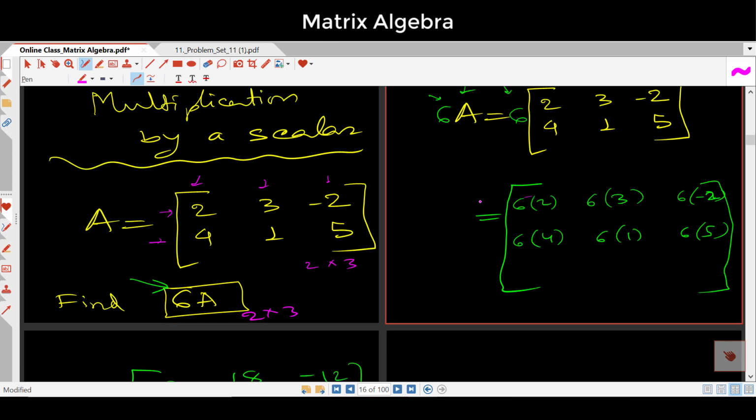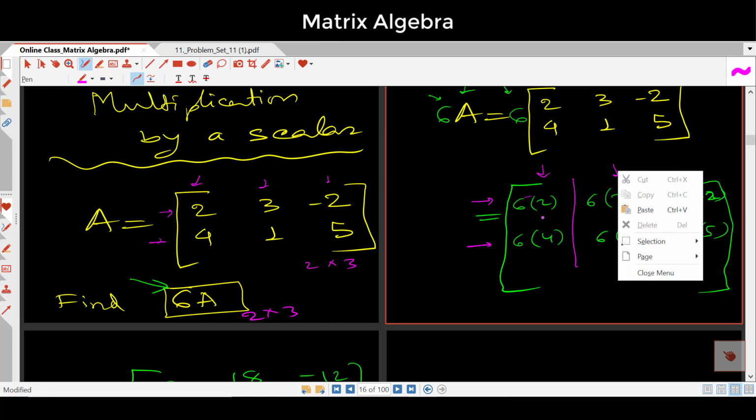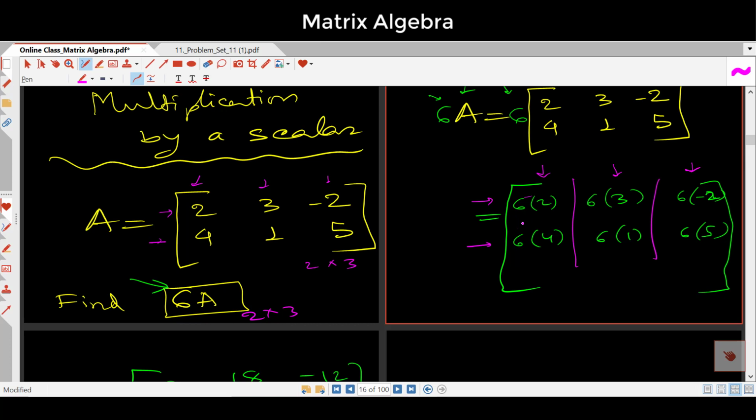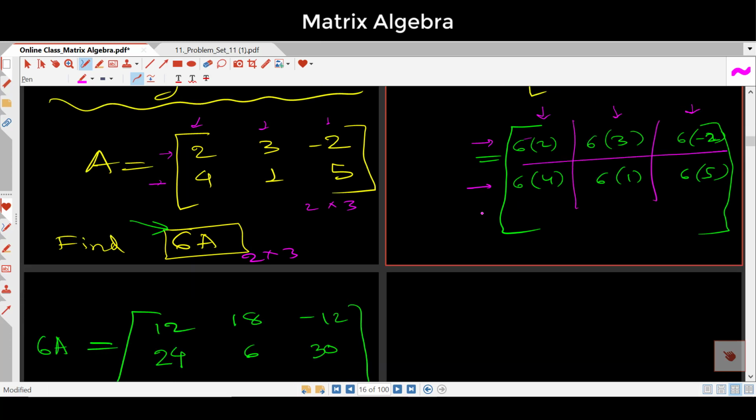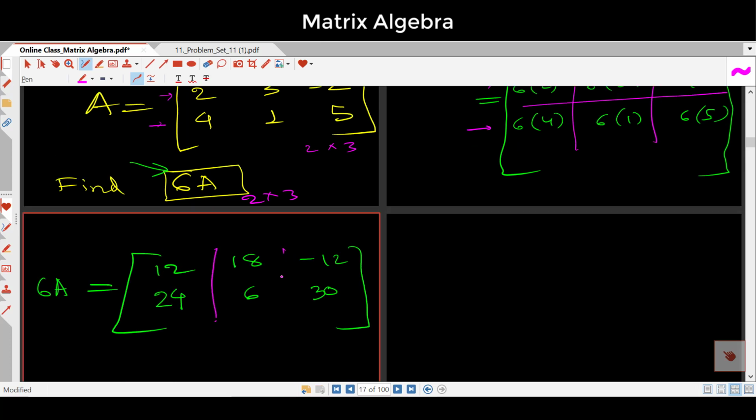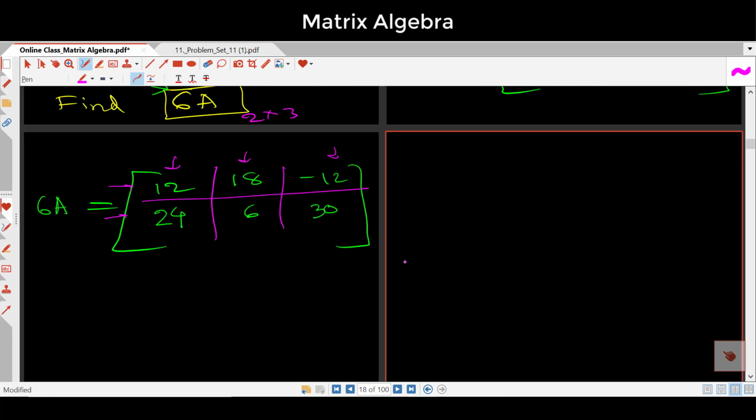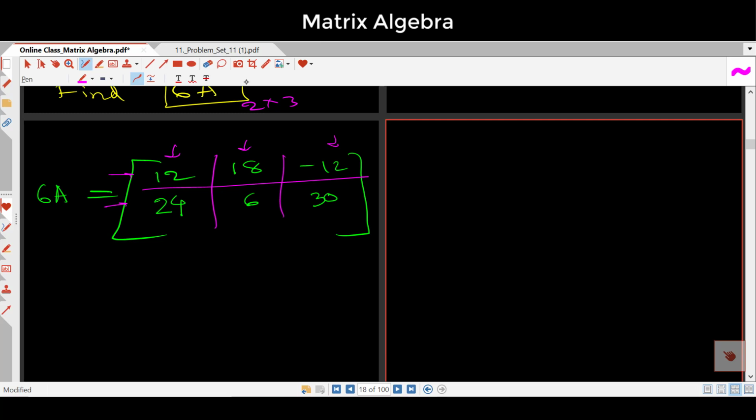That is, here 2 rows and 3 columns. The first entry is 12, then 18, then minus 12, then 24, then 6, then 30. So this is how we can do this type of multiplication.